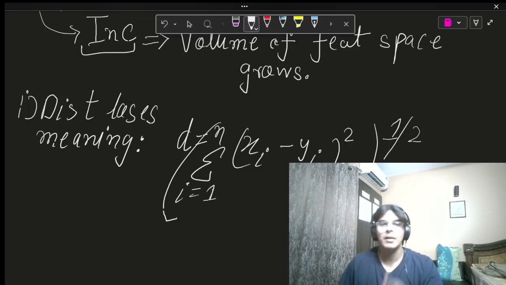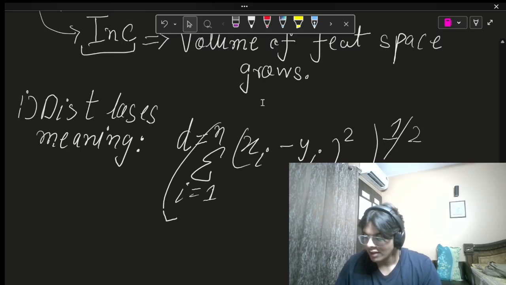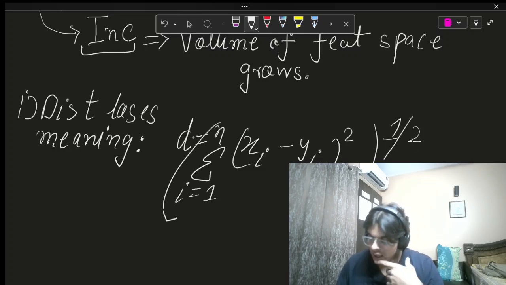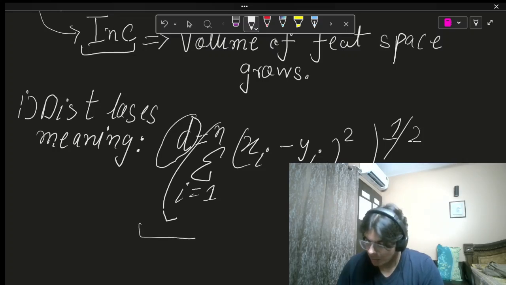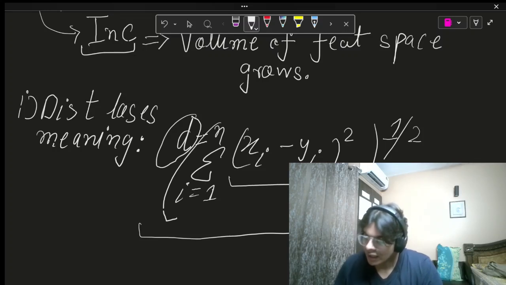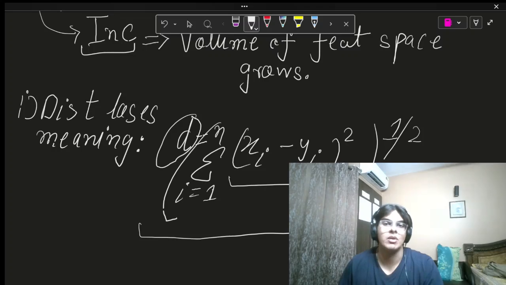The point is that this is the distance that we calculate in KNN. Whenever the data becomes high dimensional, this distance value starts to lose its meaning. Since the data is so dense, whenever we calculate this formula for any two points in the feature space, the far points and the near points become indistinguishable.